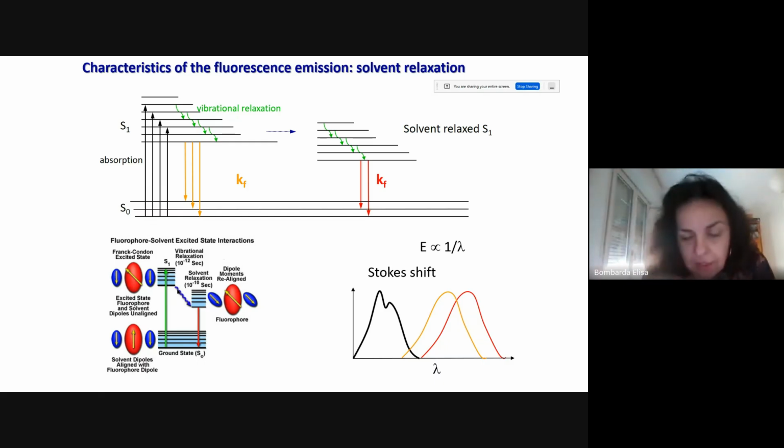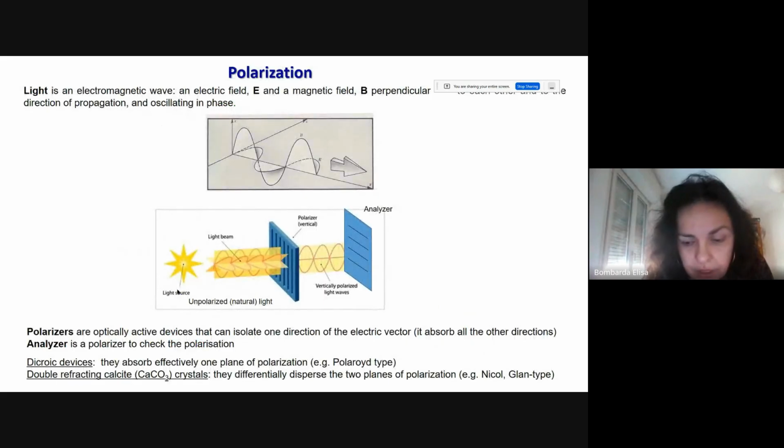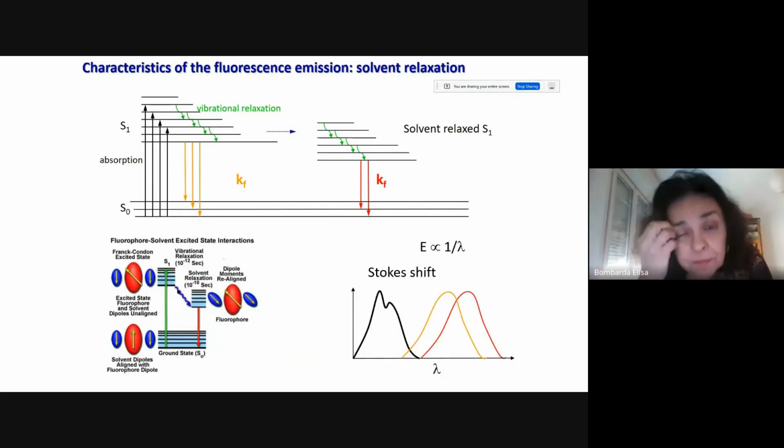So this is an important parameter which will be used to study the environment of the fluorophore, so the wavelength and so on. So now I was asking myself, I was thinking that I am already late, but actually I have 1.5 hours.